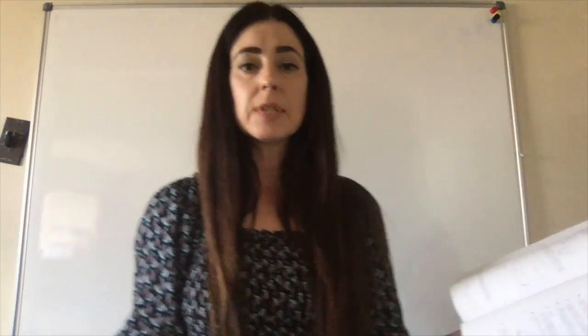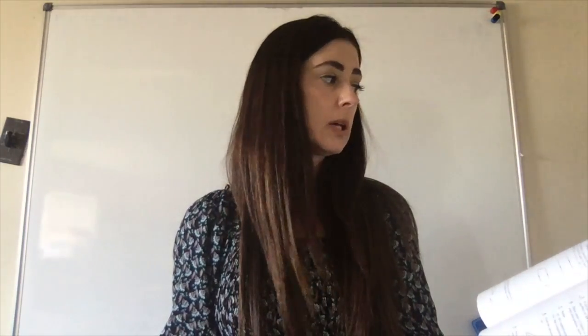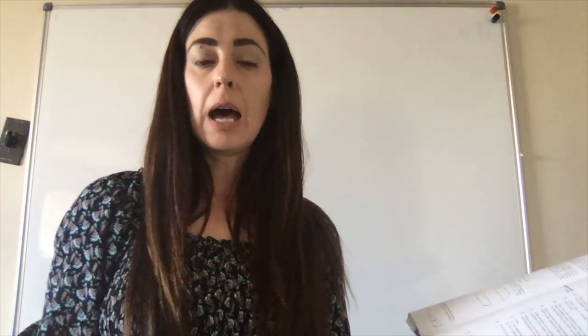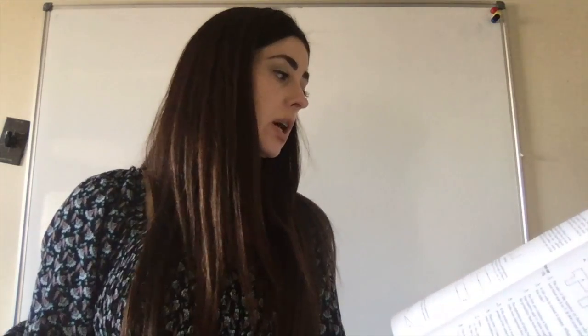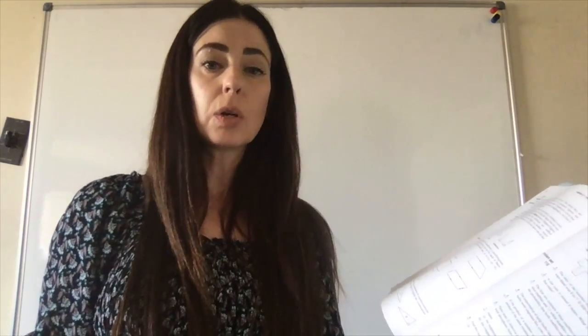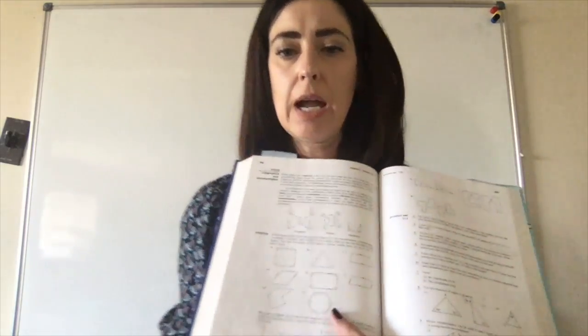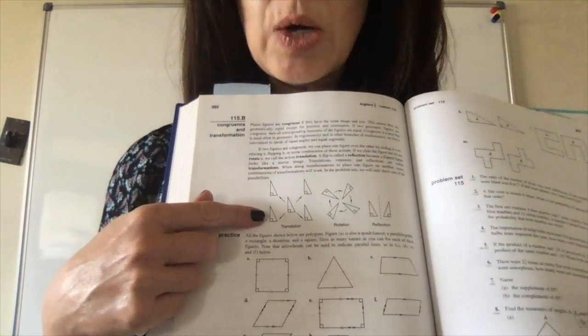The second half of this lesson is talking about congruence and transformation. Planar figures are called congruent if they're the same size and shape. So they have to be the same size and the same shape. Now within these congruent shapes, there are 3 more definitions, okay? So the first definition is translation.